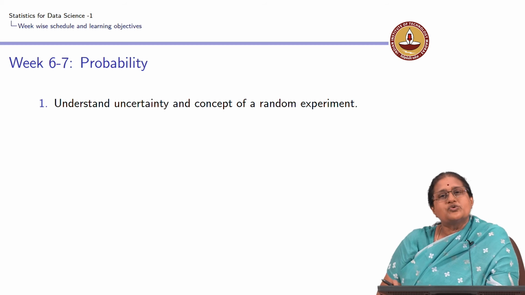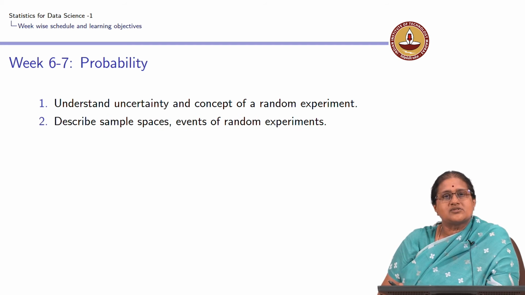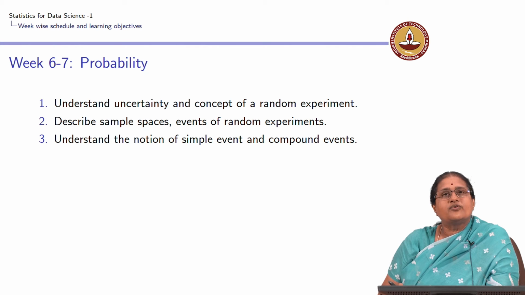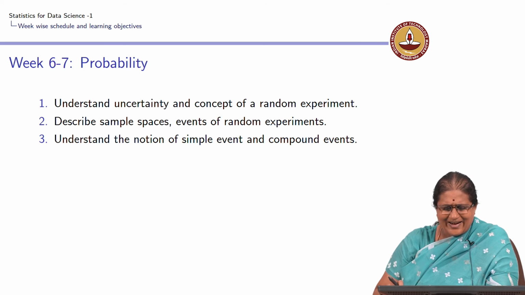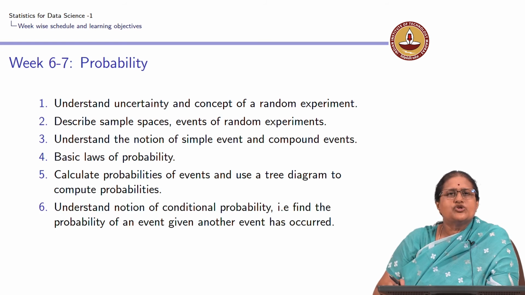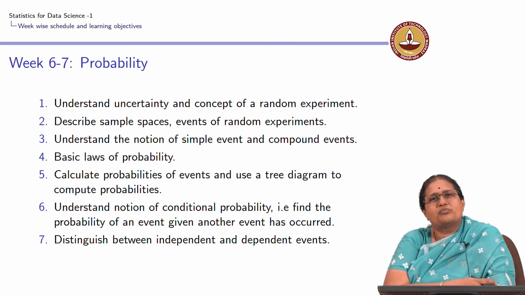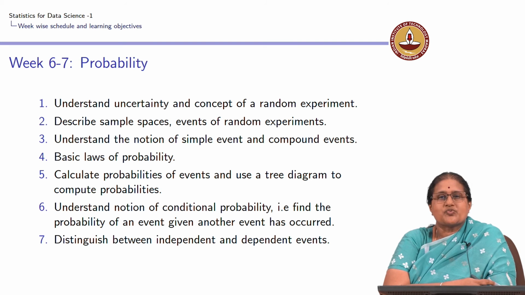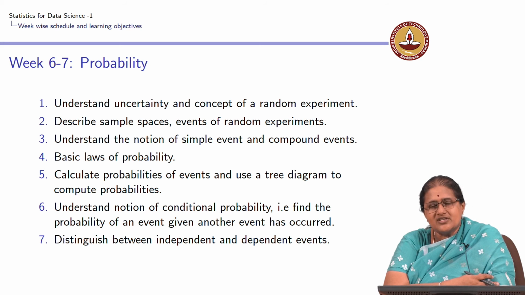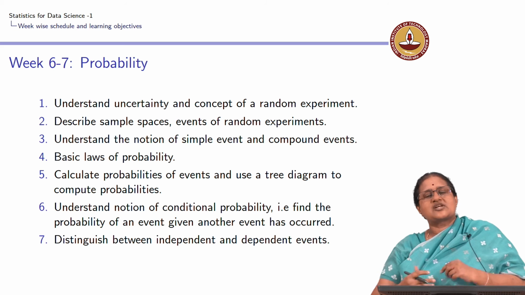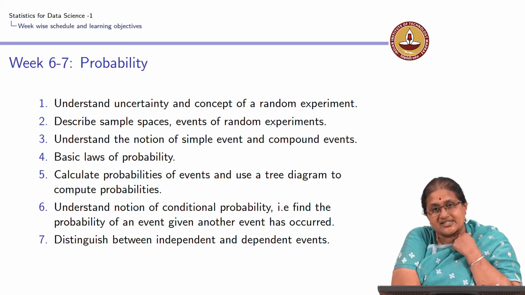We introduce the notion of randomness here, and throughout these 2 weeks we are going to focus on understanding what a simple event and a compound event are. At this point you should have learnt about sets in your Math 1 course, because understanding simple events and compound events requires that we start representing events as sets.